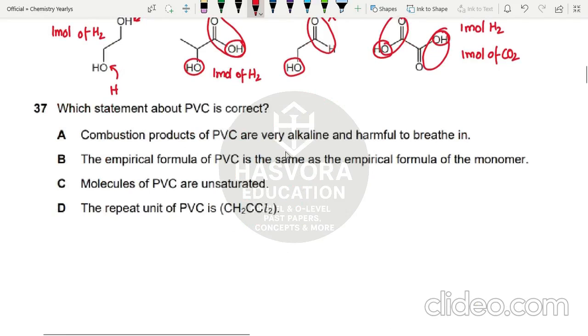Now 37 says which statement about PVC is correct. So now you can see that PVC has this structure. It is a polymer, so this will be like this.